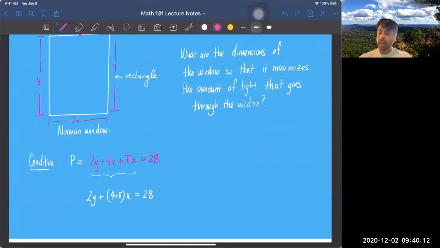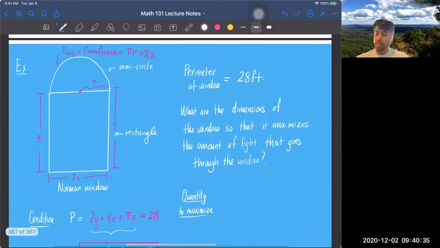So boom, we got the condition. Okay, that's important. Now I want to maximize. What's the quantity I want to maximize? I want to maximize the area.